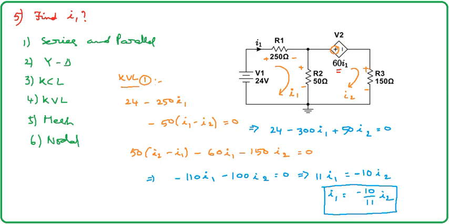Let me write here in this corner. So what will happen? It will be 24 minus 300 into minus 10 by 11 I2 plus 50 I2 equal to 0. So 11 into 24 is 264, plus 3000 I2 plus 550 I2 equal to 0.